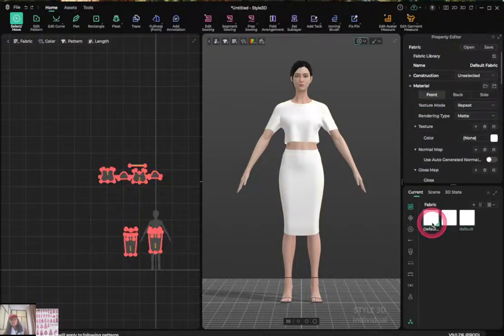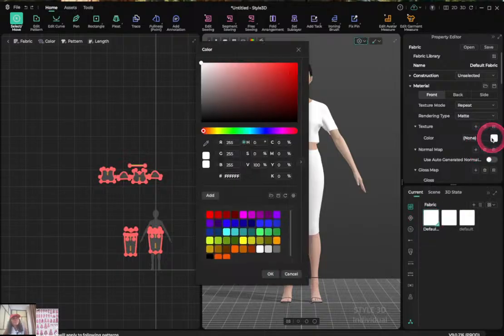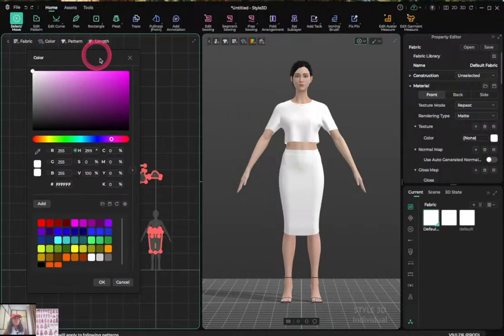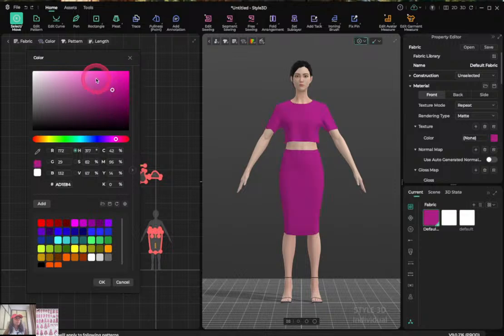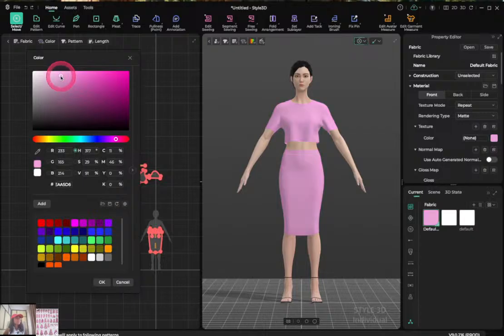And then I'm going to go to the default and edit it and give it a lighter pink.